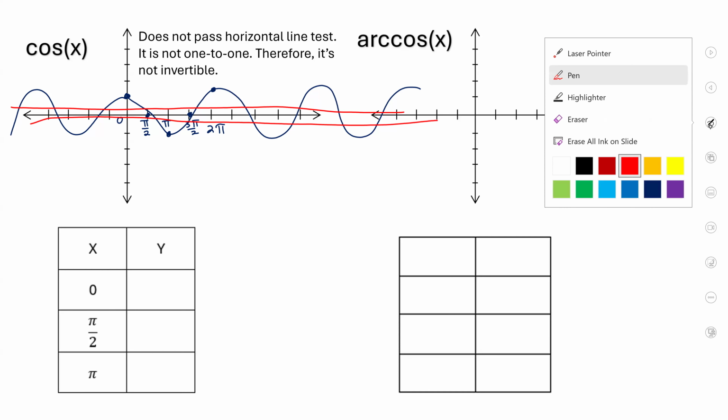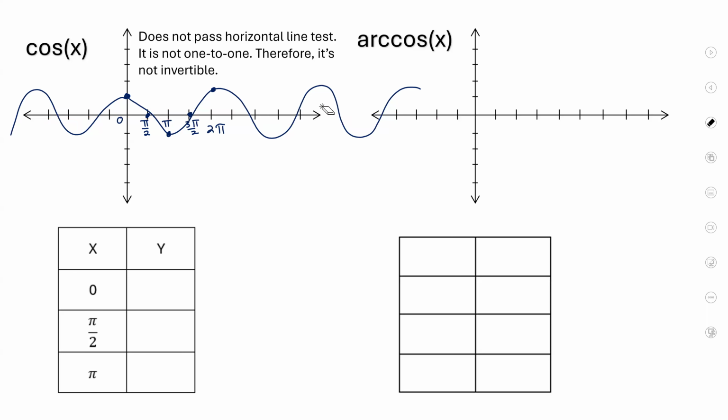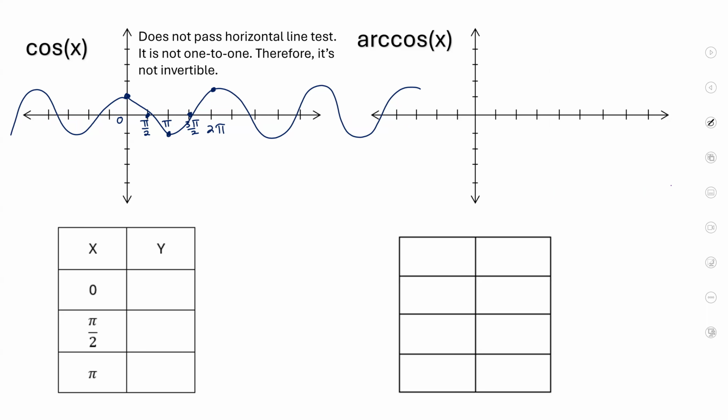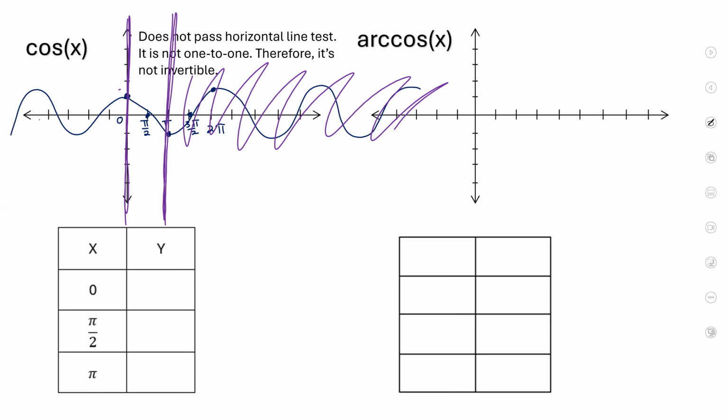So in order to find the inverse of cosine, I'm going to have to restrict the domain. I'm going to cut it off here and here. And I'm going to ignore the rest of the graph. I'm going to scribble that part out.